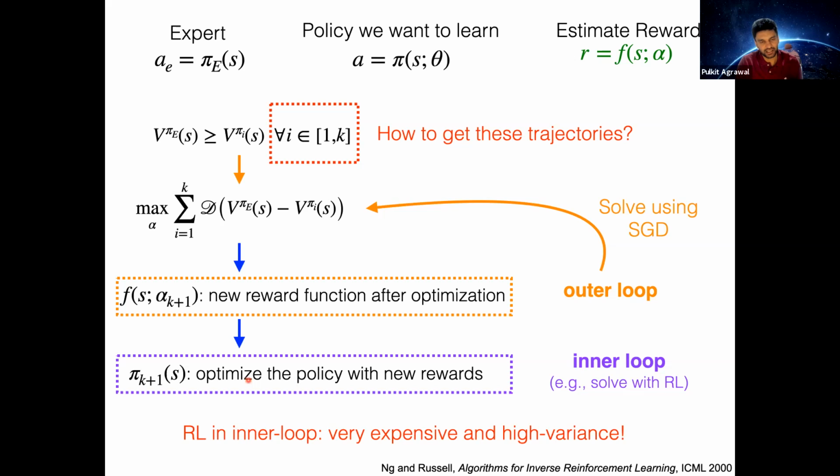Now I say my expert should be better than this new policy that I found. Right? So if I end up doing this iteratively, at some point, I should get the same policy as the expert, and that is when this optimization is going to converge. And at that point, whatever reward function I have is going to be a reward function which is consistent with expert demonstrations.